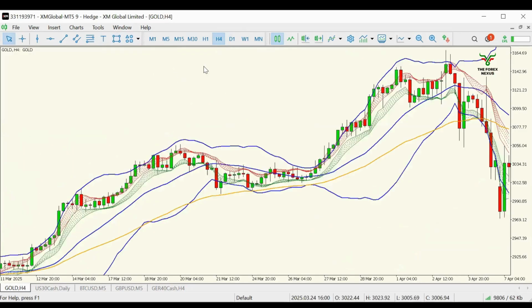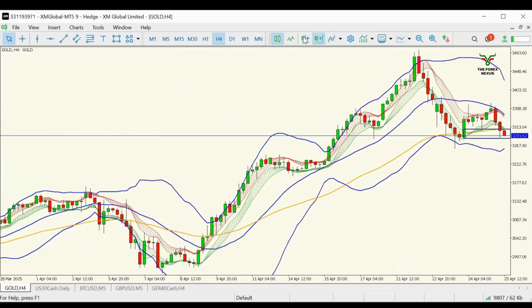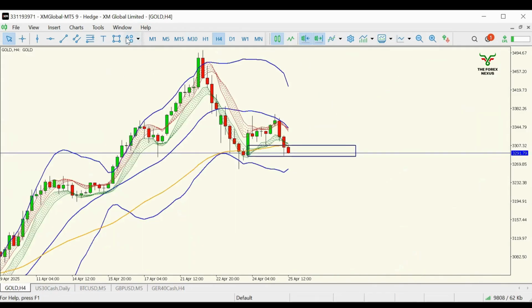On H4 time frame, we are getting a sell re-entry. So where do I need to focus? Remember, when the market is reacting to a high time frame buy or sell area, you need to focus on the high time frame trend direction.